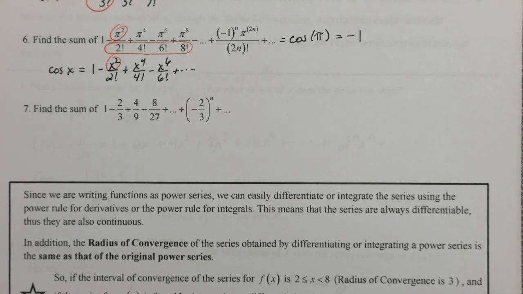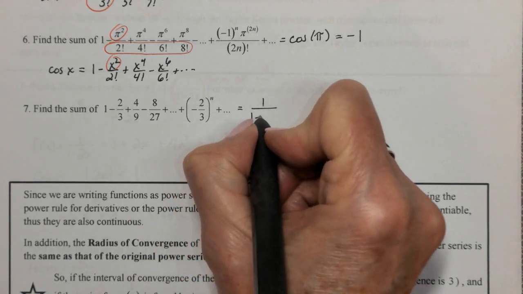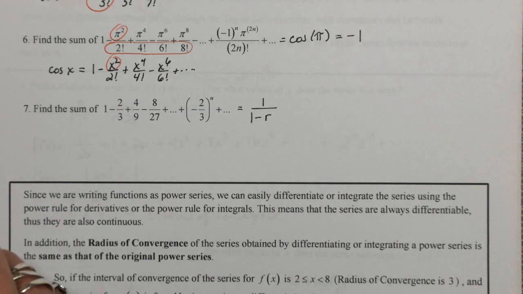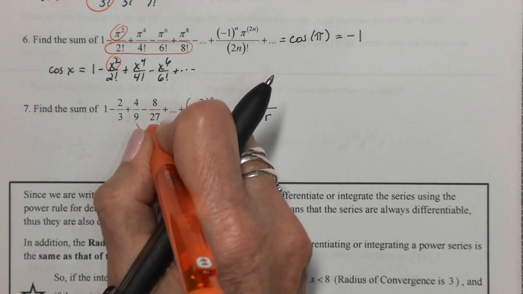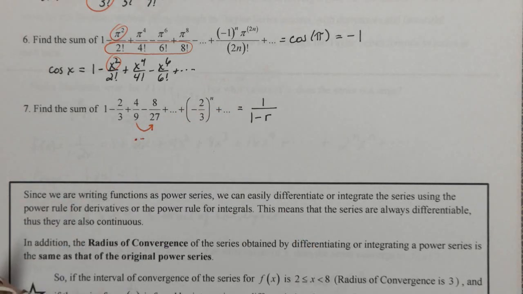So I know the formula for a geometric sum. It is the first term over 1 minus r. The first term here is 1, over 1 minus r, whatever r is. We need to find out what r is. So what are we doing to get to every term? Well, r is definitely negative, because I'm multiplying by a negative.